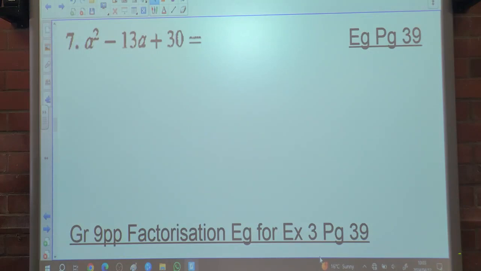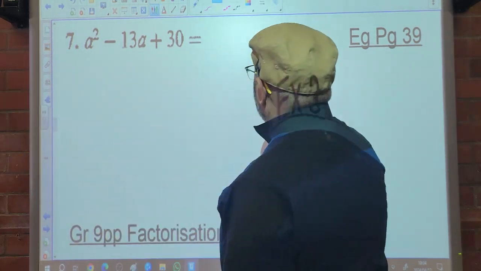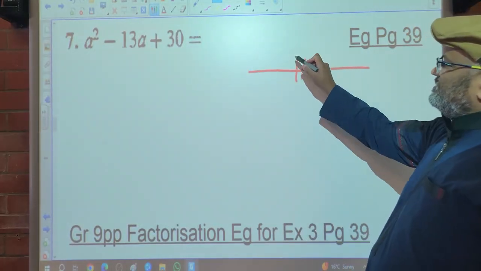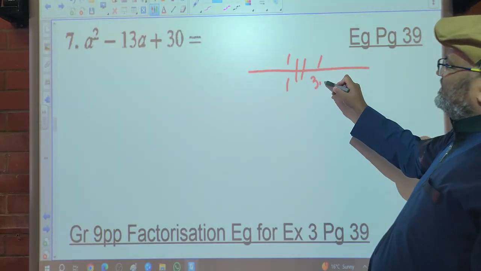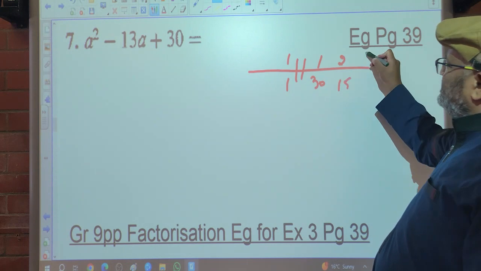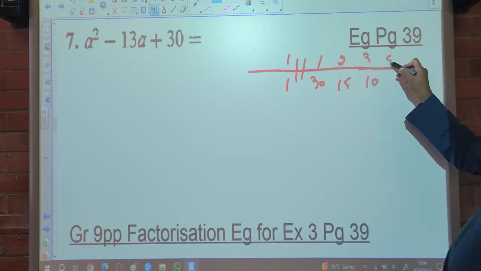You got a squared minus 12a plus 30. So where do we start? Product line. So it's 1 and 1, 1 and 30, 2 and 15, 3 and 10, 5 and 6.